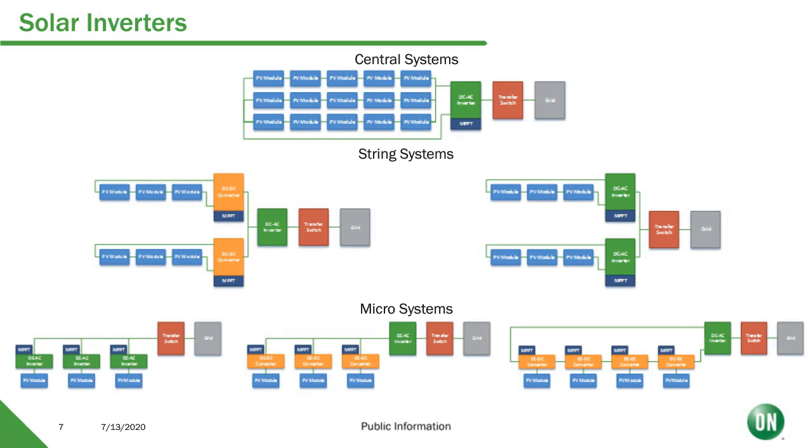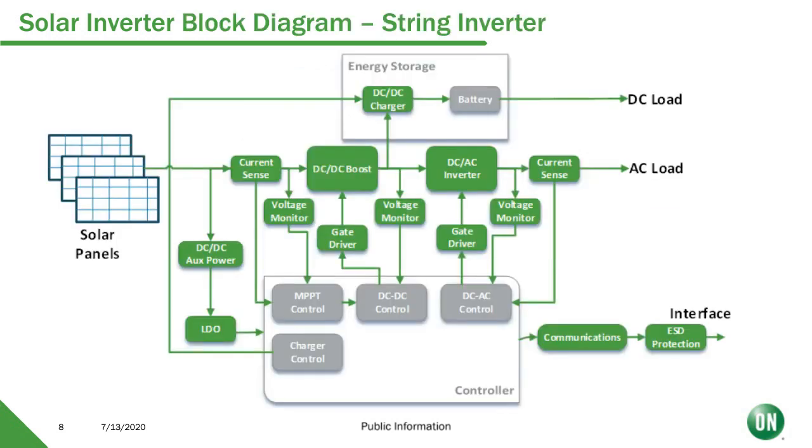Digging into the block diagram of a string inverter, we'll focus here really on the power blocks, and those are the DC-DC boost block that will boost the voltage from the solar panels up to a high voltage DC rail. And then from there, it will feed into a DC to AC inverter, feeding that power onto the main lines.